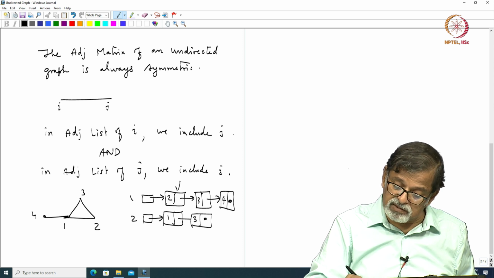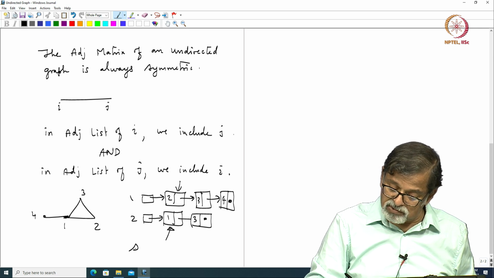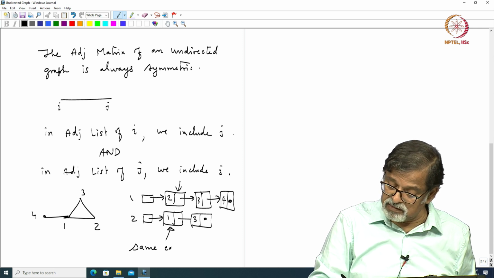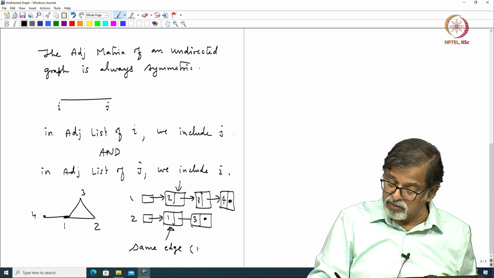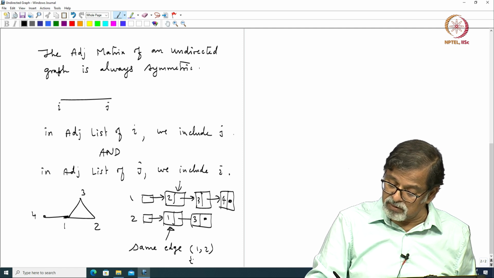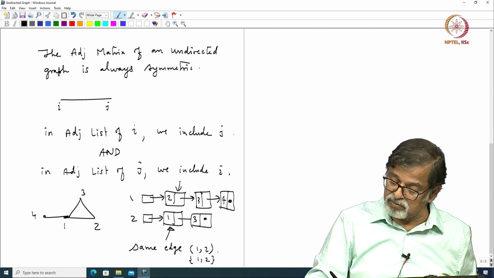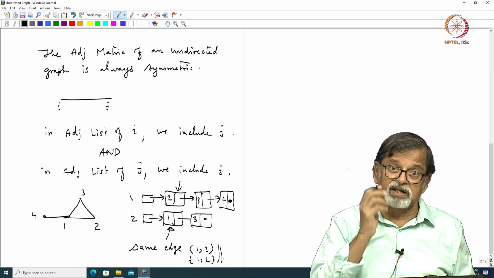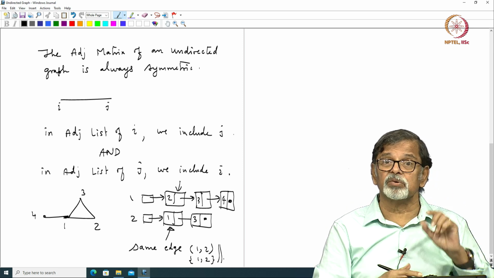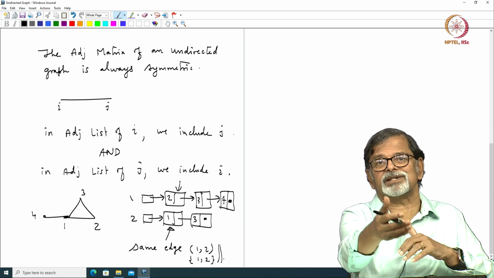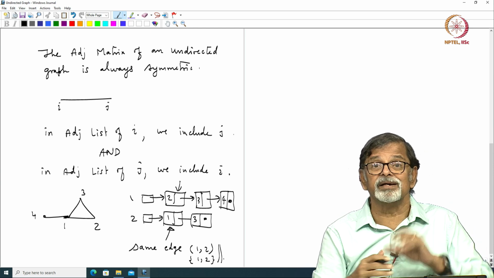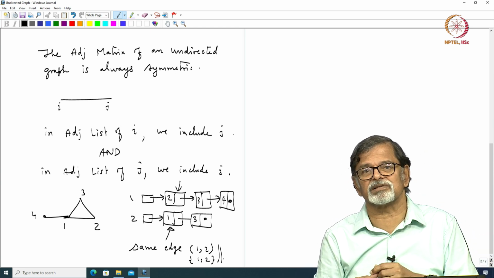So, you can see this box and this box, they correspond to the same edge 1, 2. A single edge will give rise to 2 boxes, one box in the adjacency list of i, another box in the adjacency list of j.